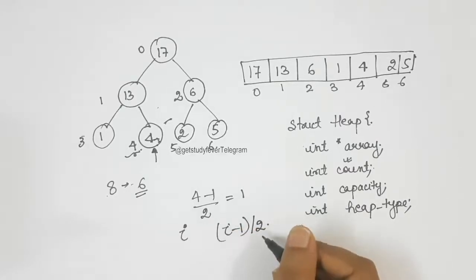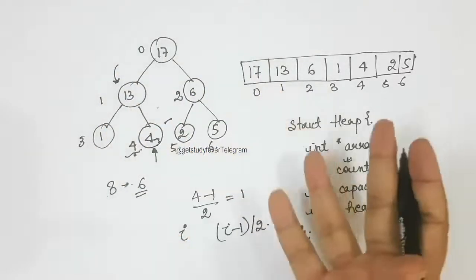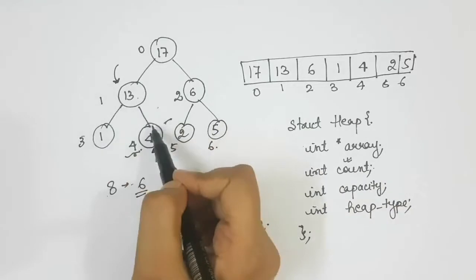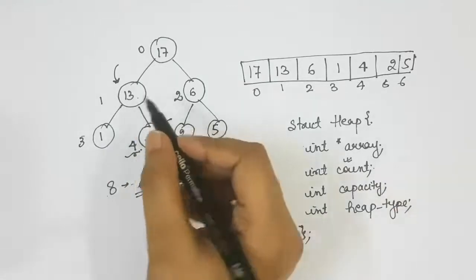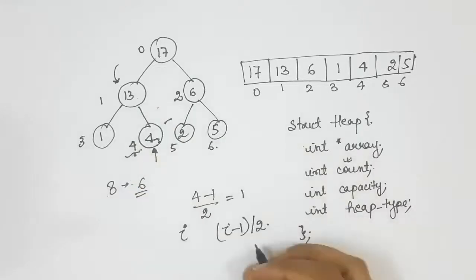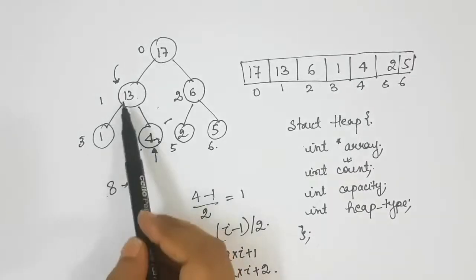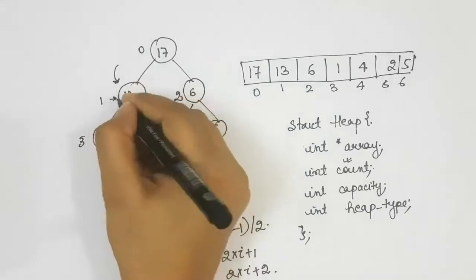Now let's say I am given the index of a parent. How do I know the indexes of the children? Obviously the parent can have a maximum of 2 children. So the children will have indexes 2 into I plus 1 and 2 into I plus 2. In this case, the parent is at index 1.